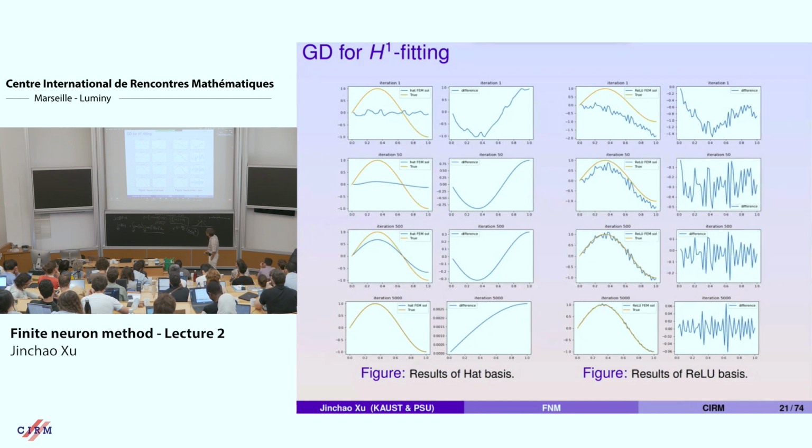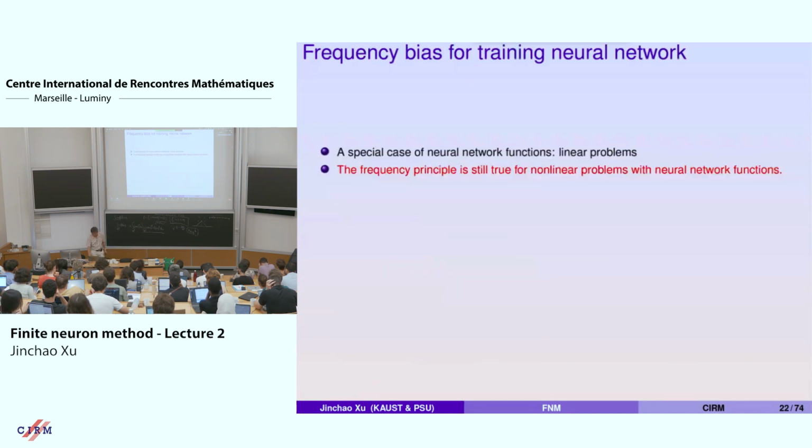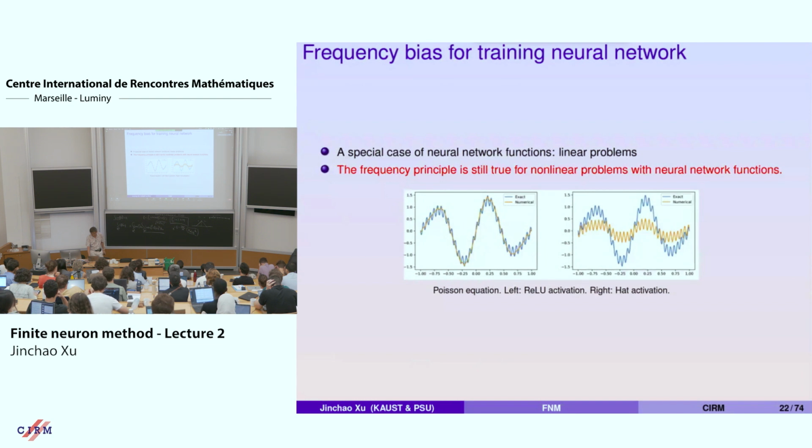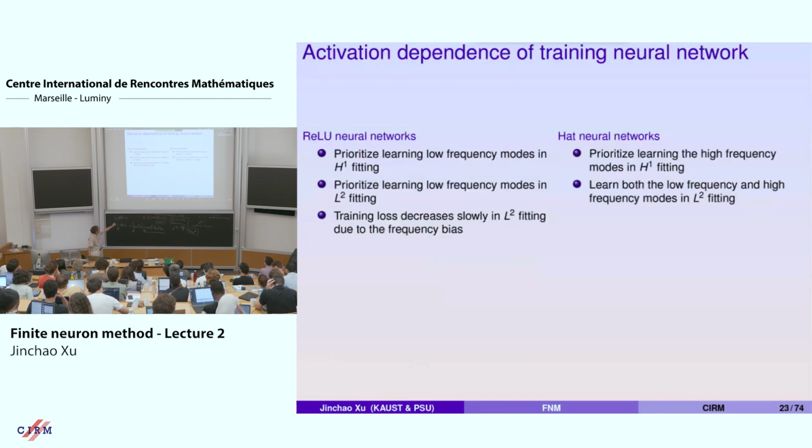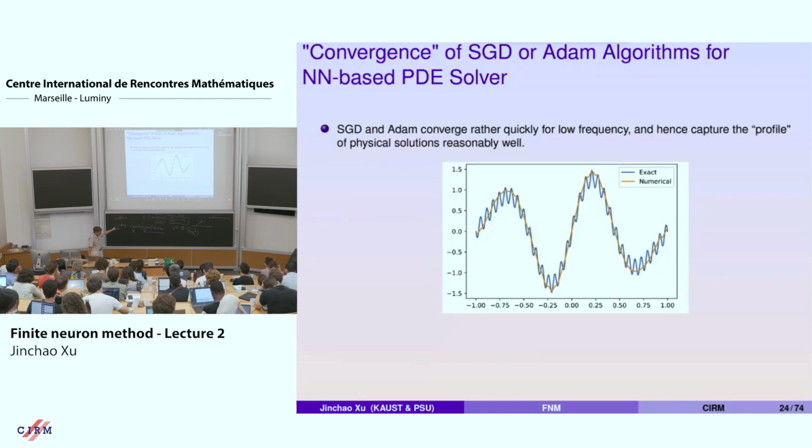But my claim is that this is pretty much the state of the art. You cannot get the high frequency. Why can you not? So what's the news? The news is that you see the profile easily, you get the low frequency, but you cannot really get much accuracy. This is also true in general.